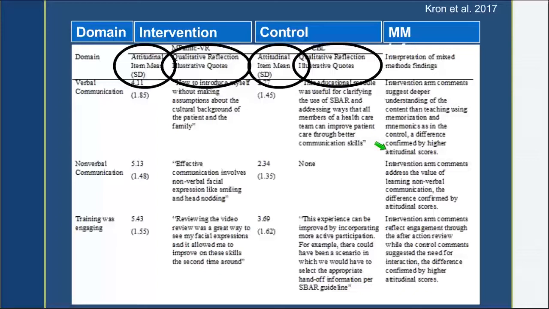So again, it's noting whether they agreed or disagreed, and that's what you see here by the difference confirmed, but then also discussing what we learned by combining the two forms, and by looking at the difference between the intervention and the control group.